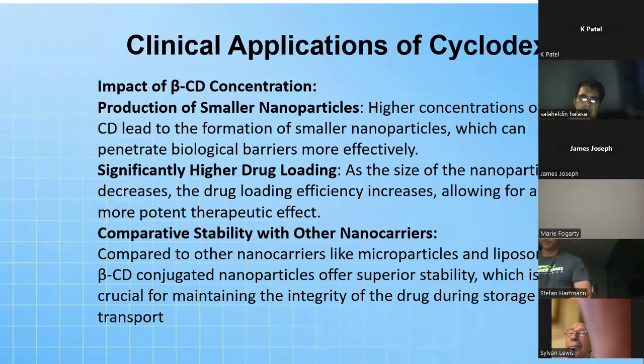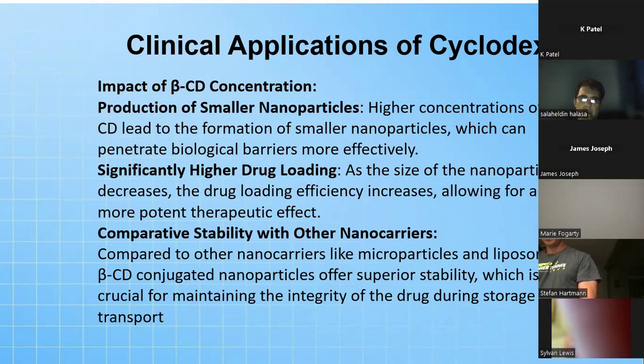Definitely, it has very high absorption and you can load a lot of drug inside those particles. As the size of the nanoparticle decreases, the drug loading efficacy increases, allowing for a more potent therapeutic effect. You're packing them inside those packages, and you can deliver a lot of drugs at once through this pack because it will go in through endocytosis.